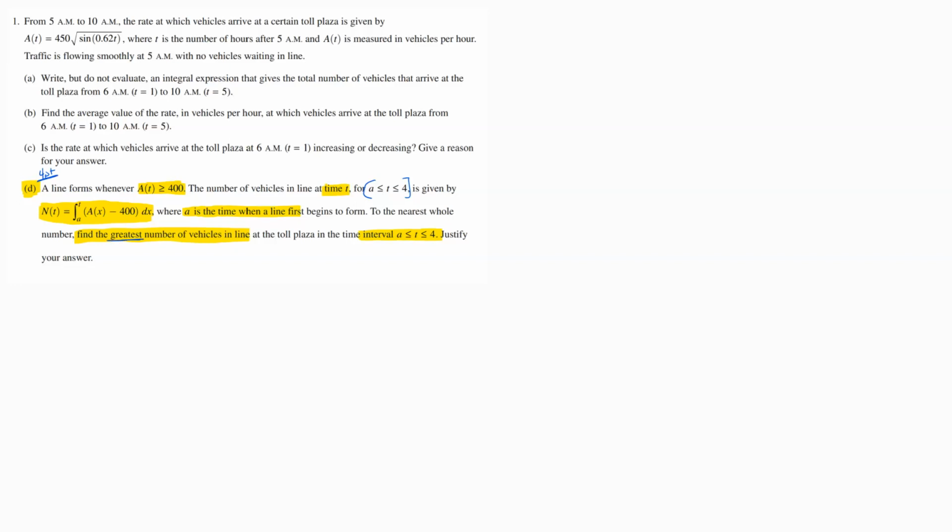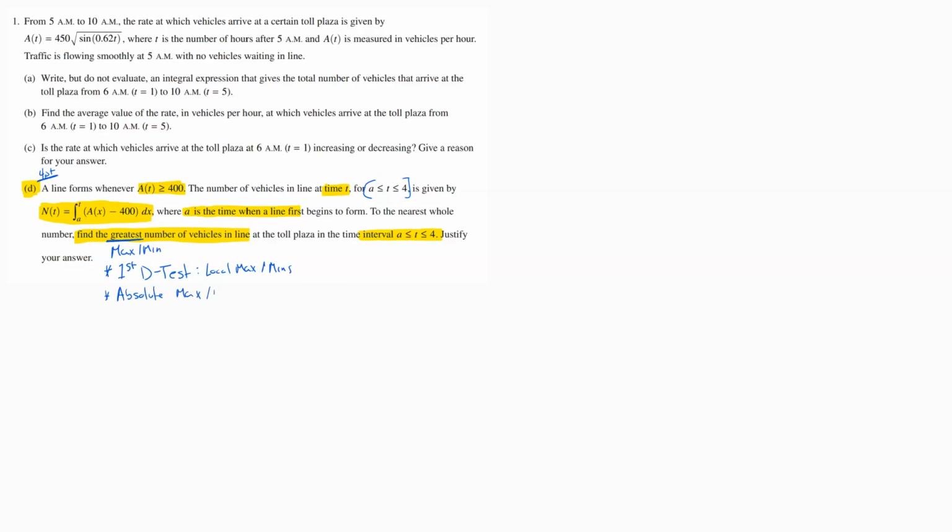Whenever somebody wants me to find the greatest amount of something, a max or a min, I basically have 2 options. Option 1 is I could run a first derivative test, which I'll call a first D test, if I want to find local maxes and mins. The other thing I could run is the absolute max-min process.